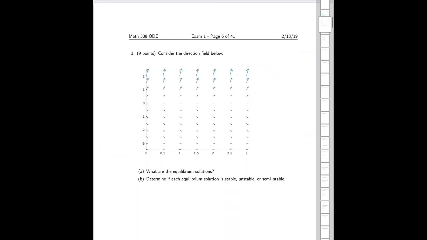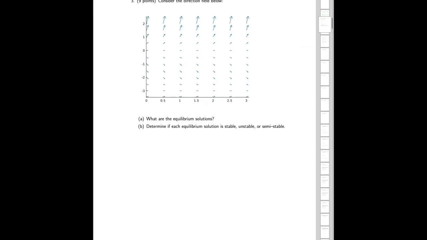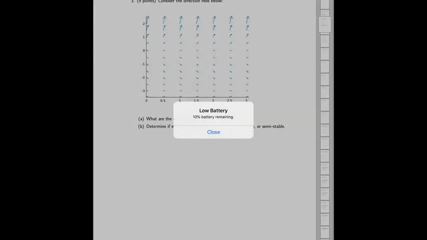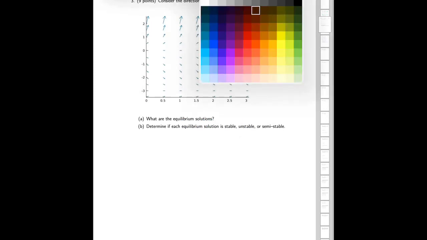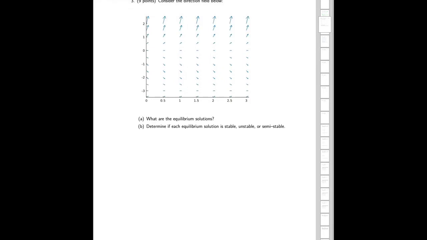If we go on to problem 3, again we're going to do the same idea. If I want to know the equilibrium solutions, I need to find where the vector field is equal to 0, or where the vector field is flat. That's going to be at 0, and that's going to be at -3.